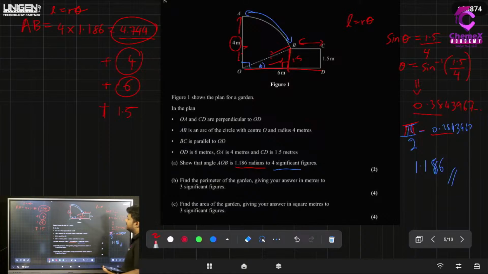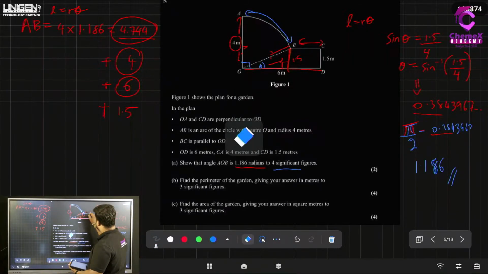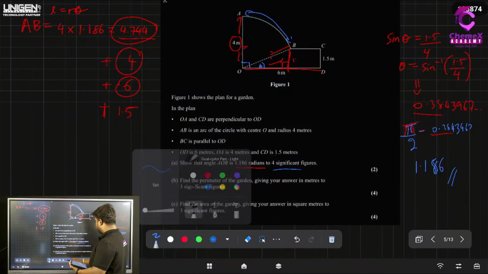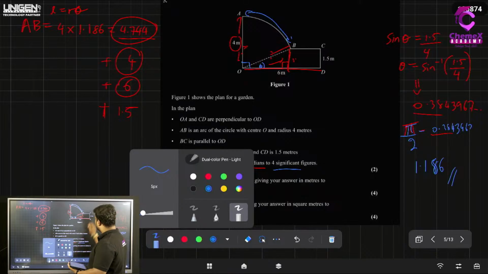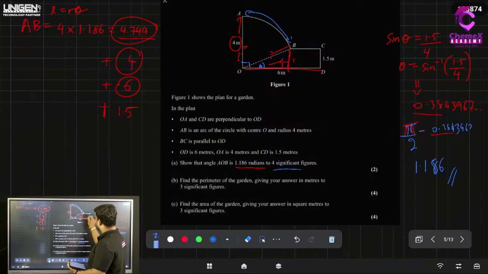I need this length. How to get that is my question. How?